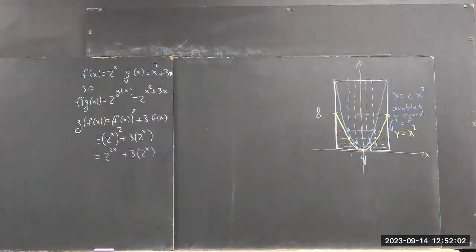So take a minute while I look at a little bit more of your homework, which so far looks excellent. And try to make a careful graph of that and see how it works out.